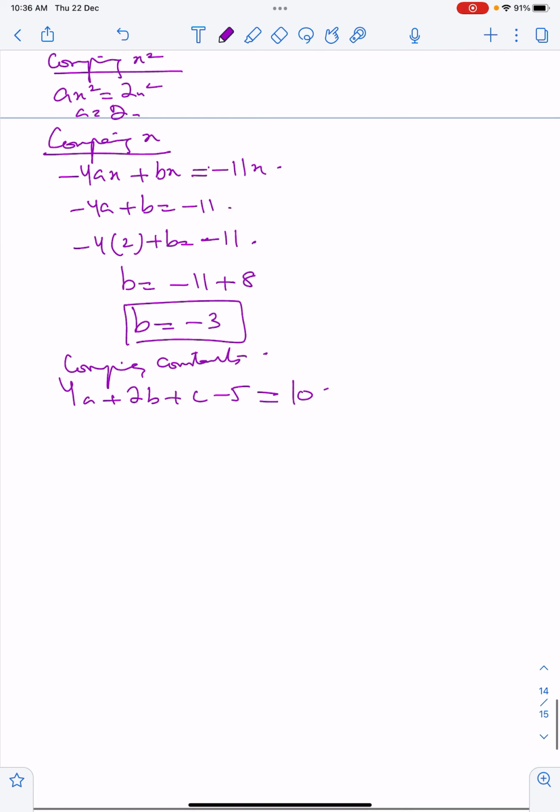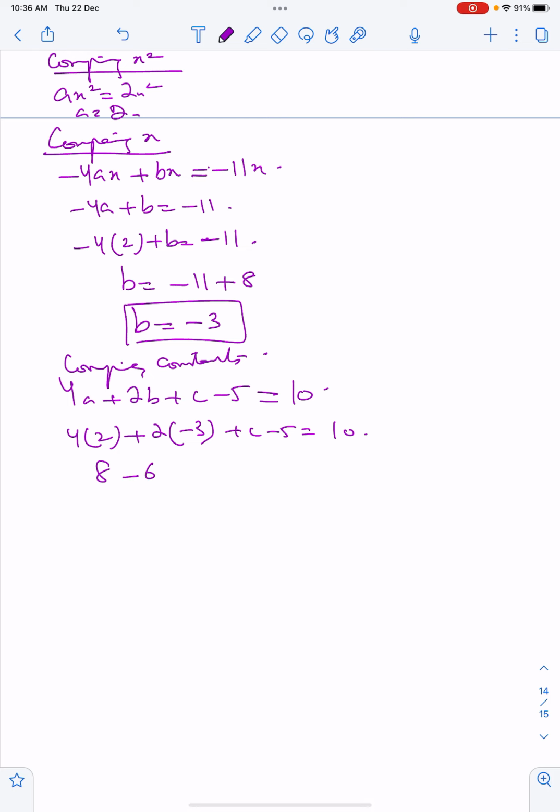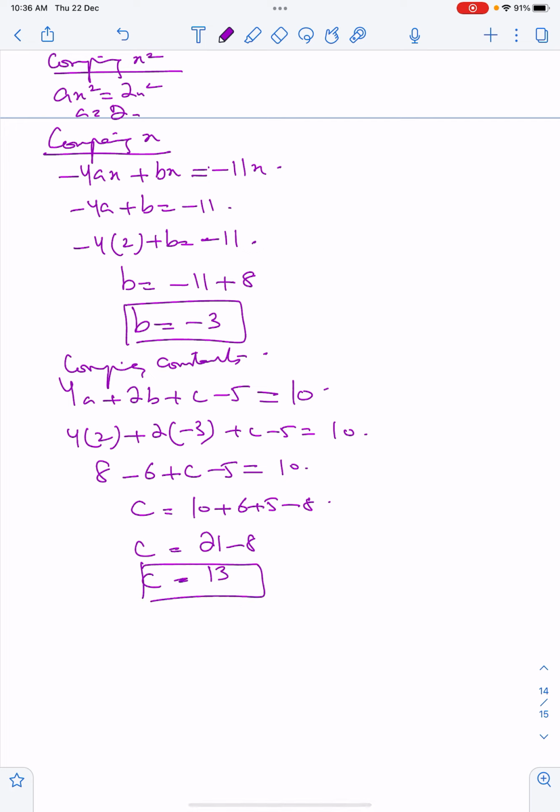I already have the value of a and b, so 4 into 2 plus 2 into the value of b plus c minus 5 equals 10. 8 minus 6 plus c minus 5 equals 10. So c equals 10 plus 6 plus 5 minus 8. C equals 10 plus 11, which is 21, minus 8, which is 13. Value of c is 13.